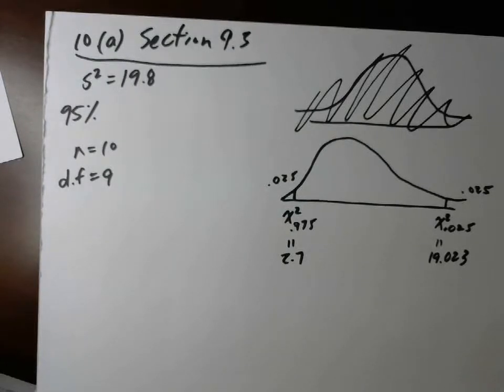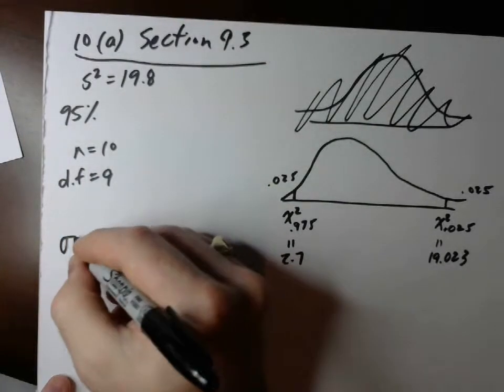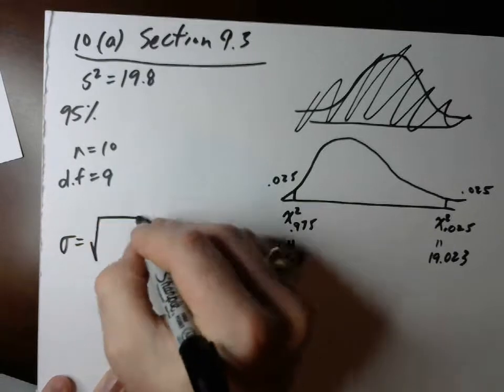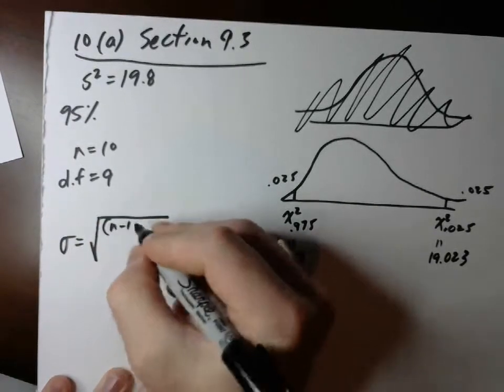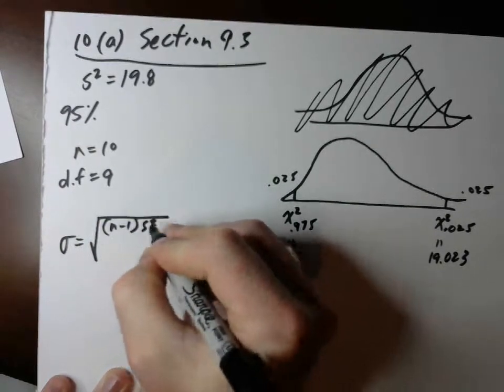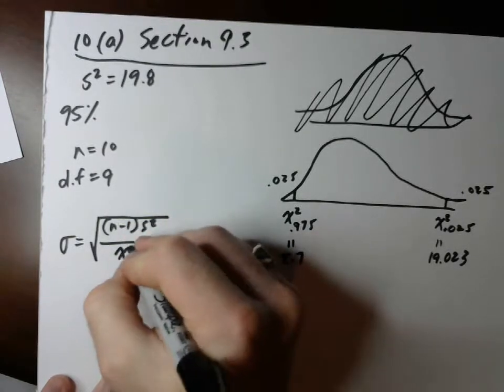Now we're going to use this to determine our confidence interval for sigma squared. And remember that equation that we mentioned: sigma equals the square root of n minus 1 times s squared over chi-squared.